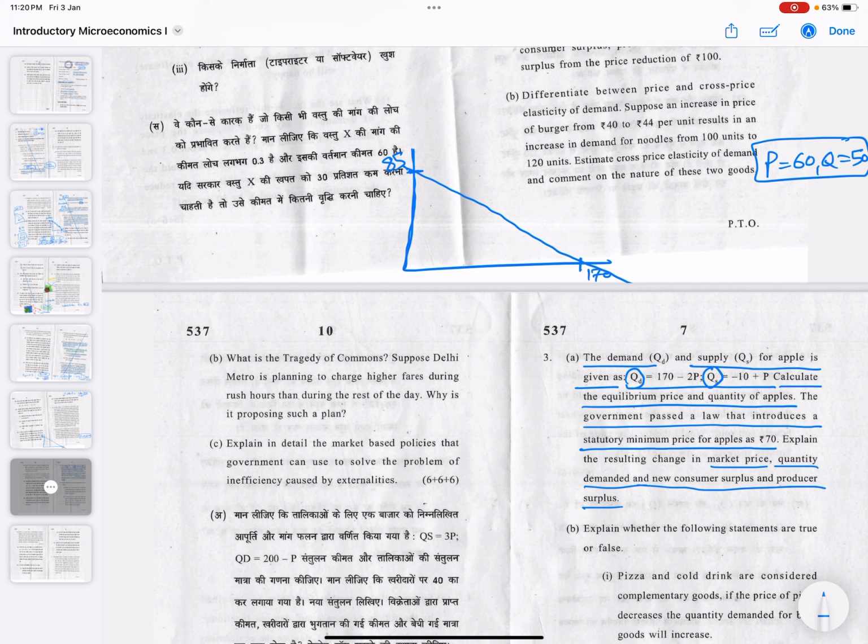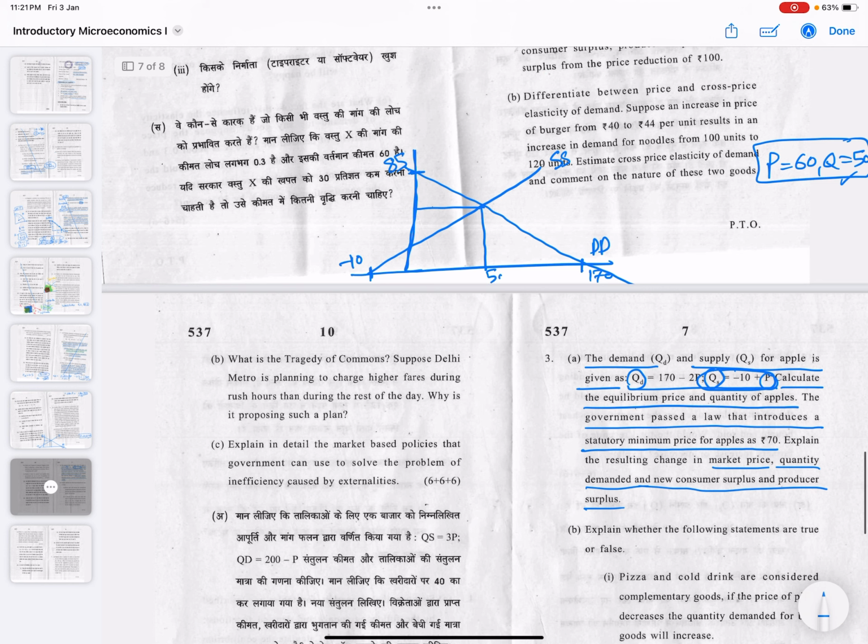Whereas for the supply curve, when price is 0, quantity supplied is minus 10. So it would be here, minus 10. You need to be very careful when drawing these curves. And with a slope of +1, it would be like this. This is the supply curve, this is the demand curve. Now, initially we have found equilibrium, quantity was coming out to be 50, price was 60.